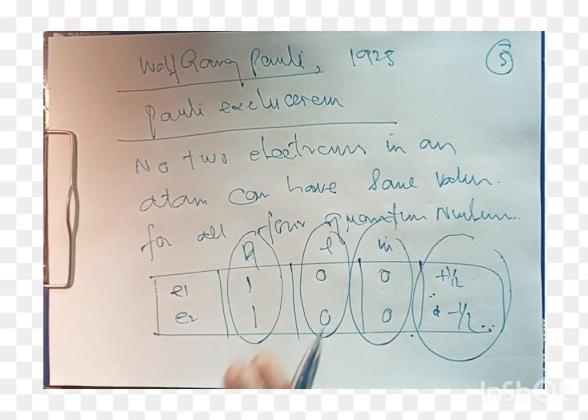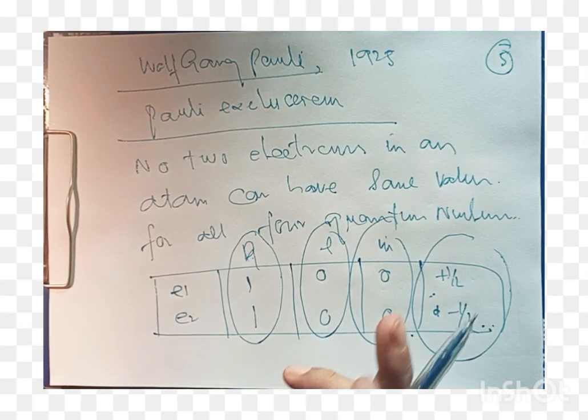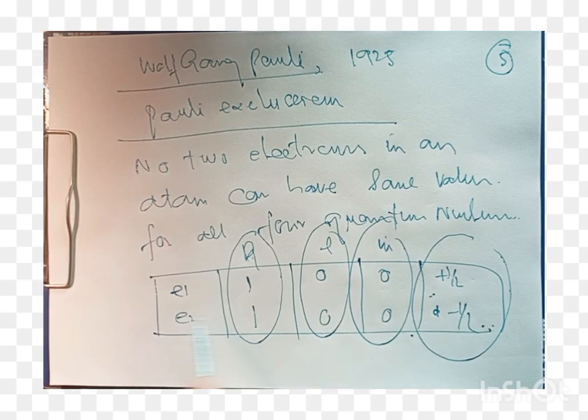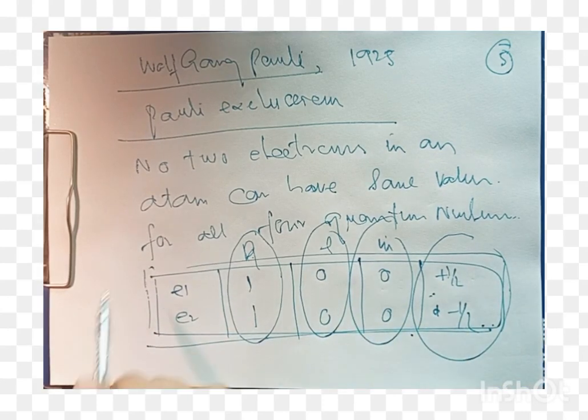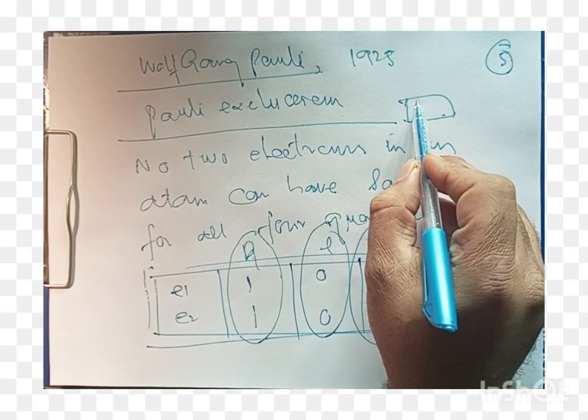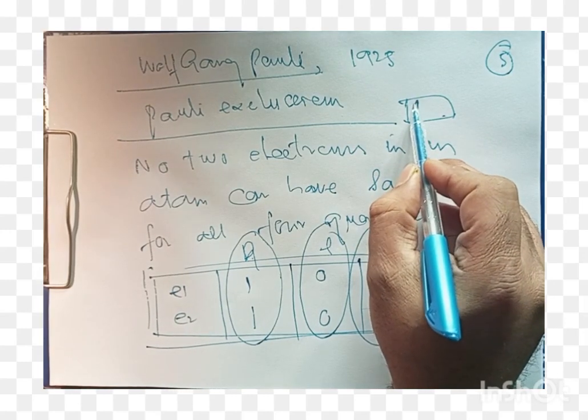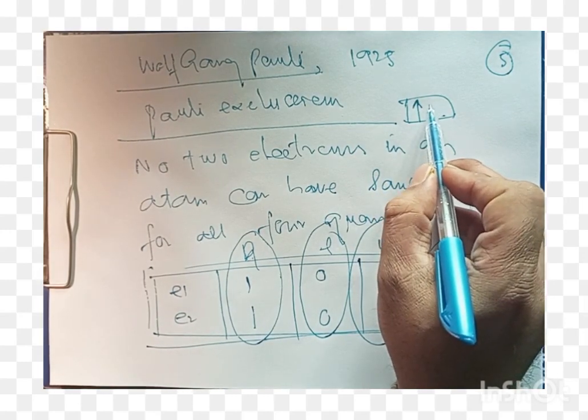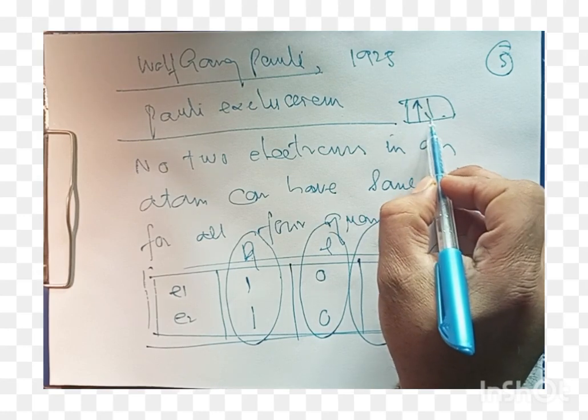This leads to a very significant observation: each orbital can accommodate at the maximum two electrons, with opposite spin. So if you have an orbital and it has to carry electrons, all it can do is take two electrons, but their spins should be opposite.